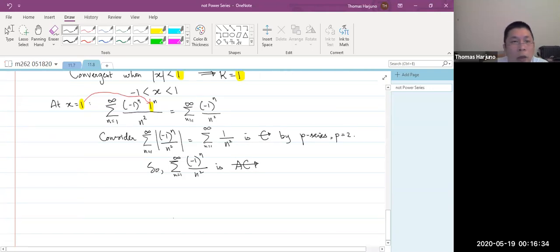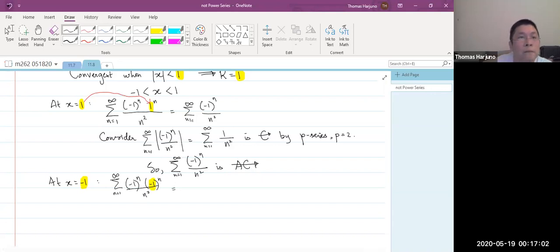Okay, now at x equals -1, we get the series n equals 1 to infinity of (-1)^n times (-1)^n over n squared, where the second -1 comes from the x.